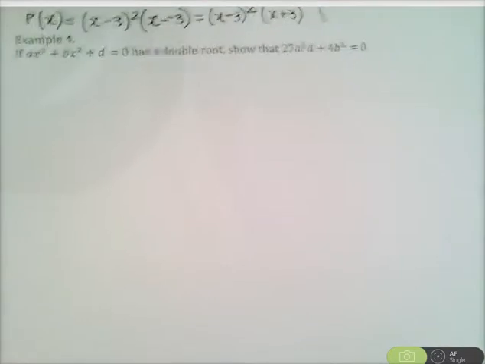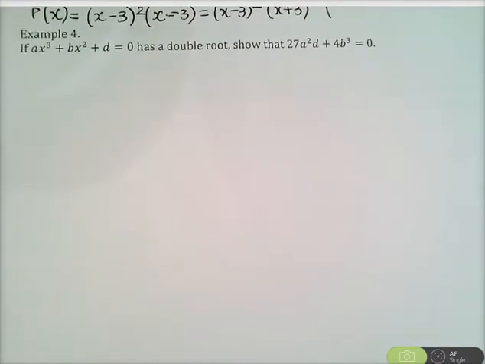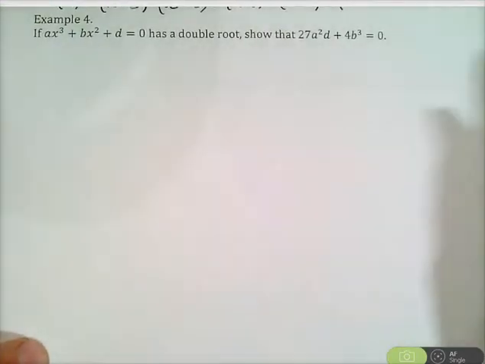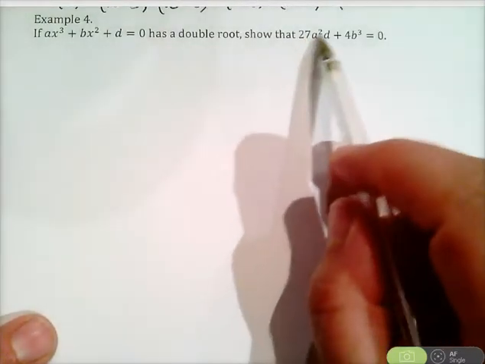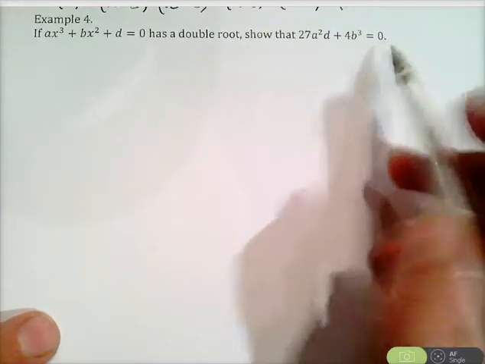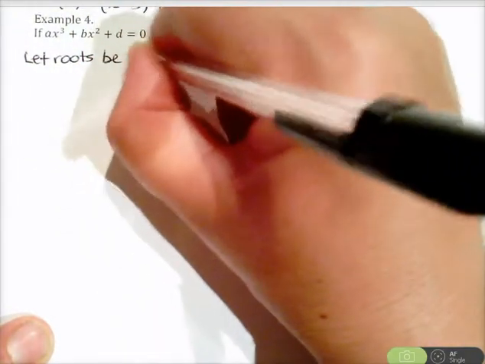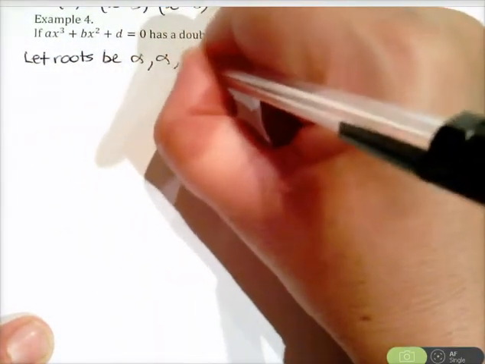Now for our last example here at the bottom of page 11. We've got that if ax cubed plus bx squared plus d equals 0 has a double root, show that 27a squared d plus 4b cubed is 0. So let's just let the roots be alpha, alpha, and beta.